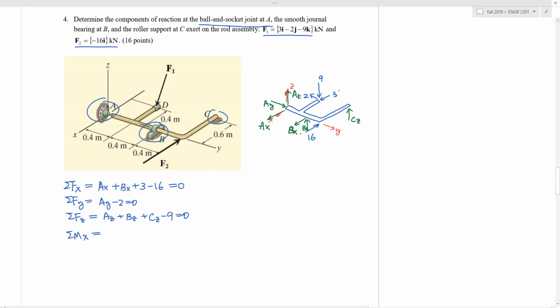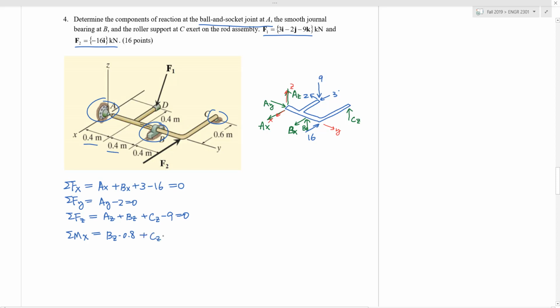It's counterclockwise with a moment arm of 0.4 plus 0.4, so 0.8 meter. So we will have our BZ times 0.8. And then don't forget our CZ here in the same direction as BZ, but the moment arm is 0.4 plus 0.4 plus another 0.4.